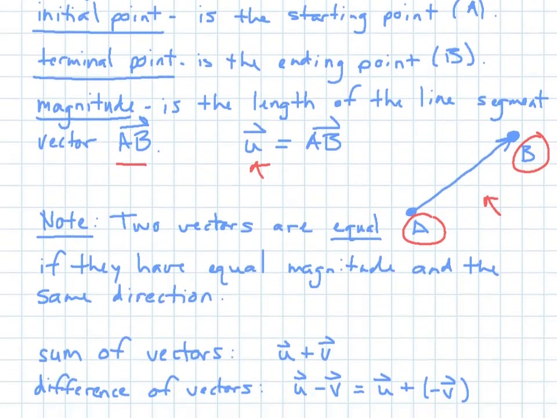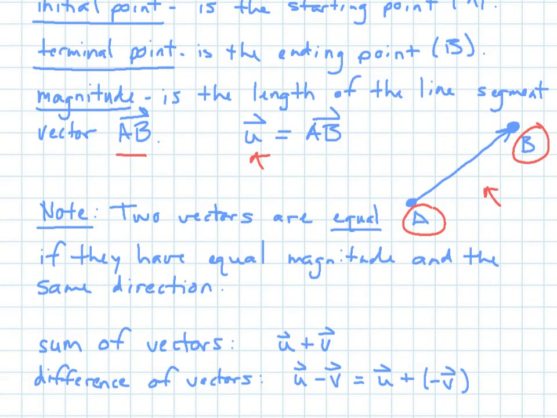Now, one thing to note is that two vectors are equal if they have equal magnitude and they have the same direction. Okay? So what I mean by that is, let's say, when we're writing them, this is like a distance of 2, and then they have to have the same direction.